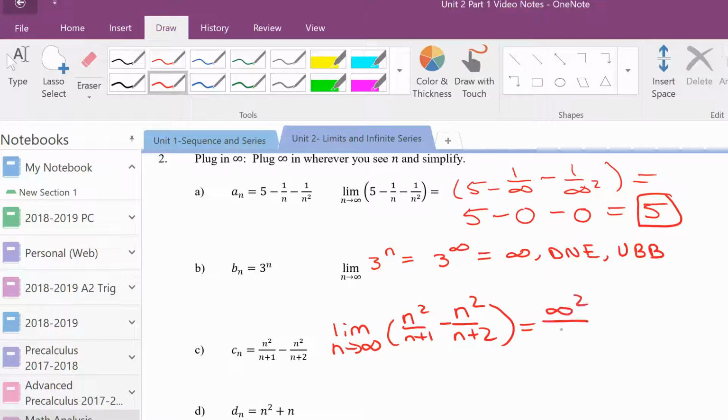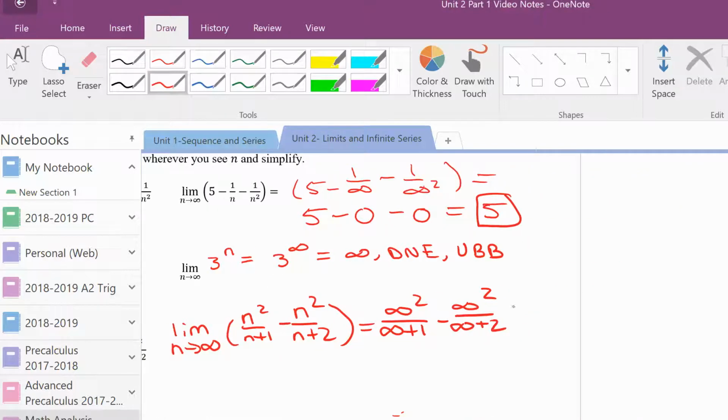So it's infinity squared over infinity plus 1 minus infinity squared over infinity plus 2, which is infinity over infinity minus infinity over infinity. Well, infinity over infinity is what we call indeterminate, meaning we can't determine the answer.